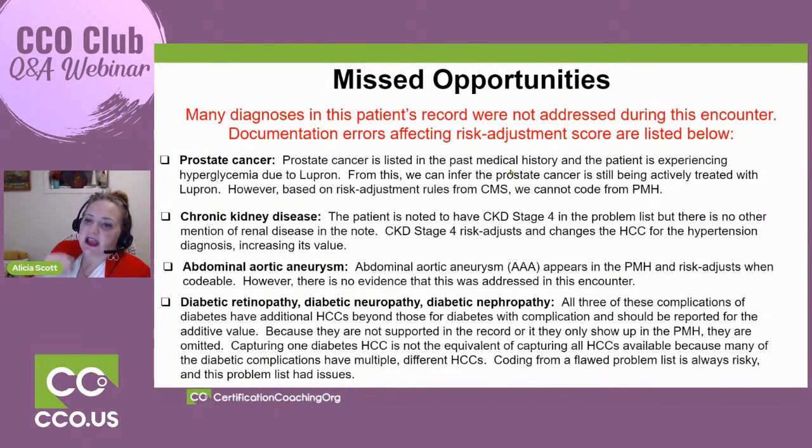So capturing 1 diabetic HCC is not equivalent to capturing all that are available. And we want to capture every single one. Every single one of those is a component of the RAF score. And if we don't have an accurate RAF score, meaning capturing all of the HCCs, then Medicare doesn't know to put that money aside for that patient.